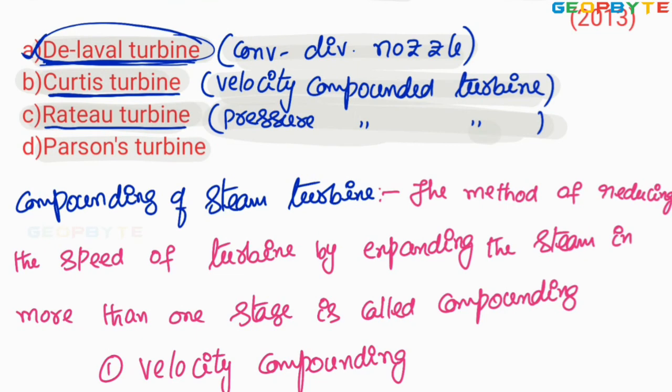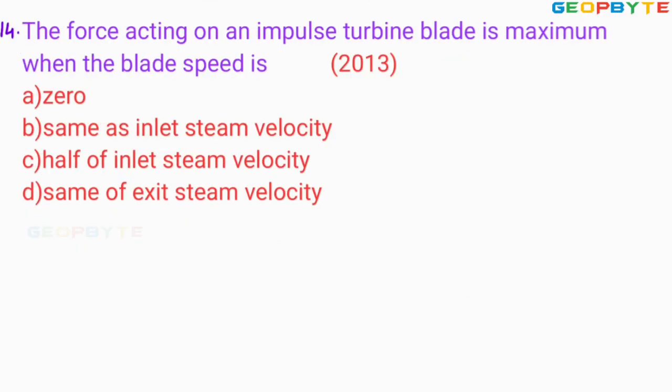Let's go for the next problem. Look at the next problem. The force acting on impulse turbine blade is maximum when the blade speed is. You are asked to decide the maximum force on the blade by the steam. It is like this.